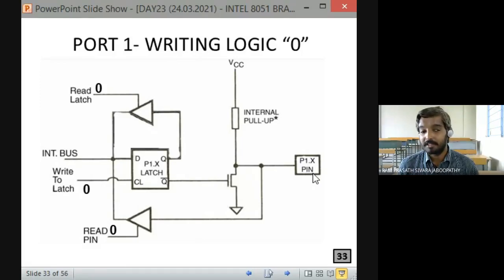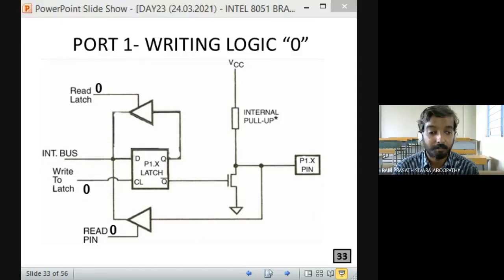Write operation always happens on the port register, correct? Where does the read operation happen? The port pin. It is not going to read the port register. Please underline this wording: write to latch, read from pin. Note this down: write to latch, read from pin.